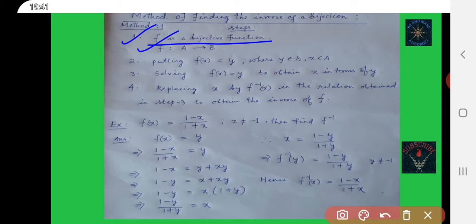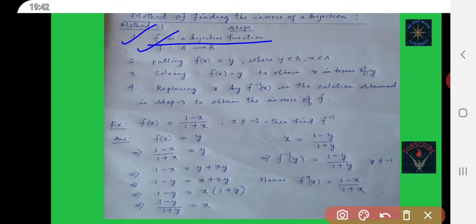The first step: if it is not given that function f is a bijective function, then you must check whether function f is a bijective function or not. If function f is not a bijective function, then we cannot find the inverse of the function f.